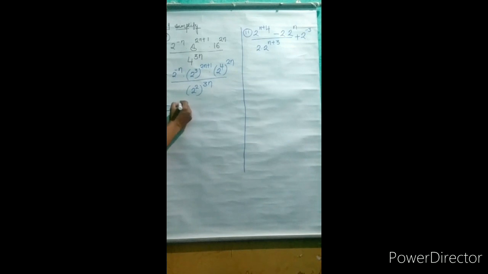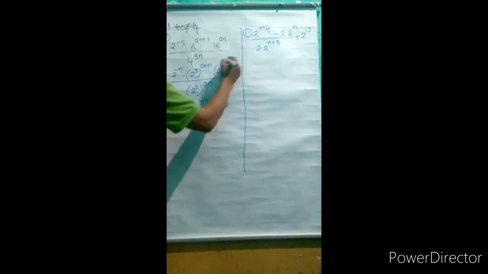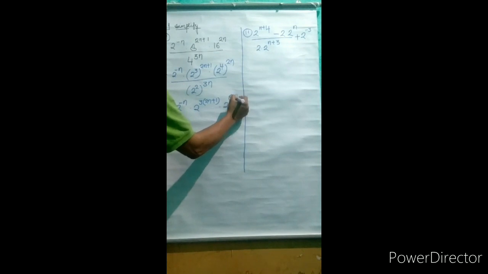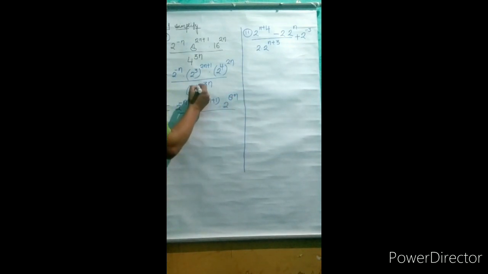So 2 raised to power minus n, and here powers will get multiplied, so it will become 2 raised to power 3 into 2n plus 1, and 2 raised to power 4 into 2n, and 2 into 3n, powers will multiply, it will become 2 raised to power 6n.